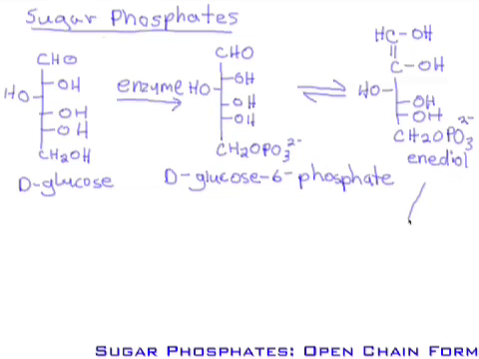And the enediol can interconvert to produce fructose, except this fructose has the phosphate group at carbon 6.